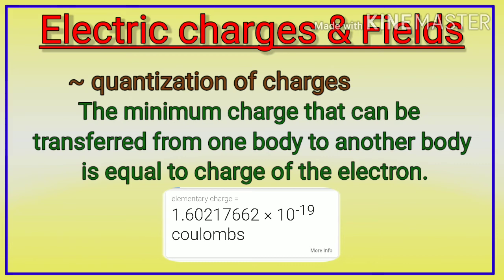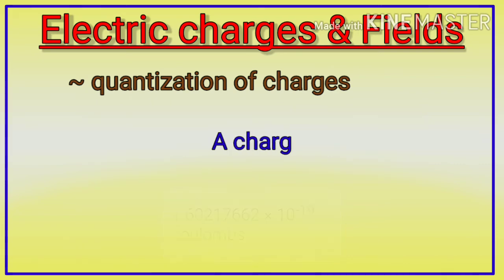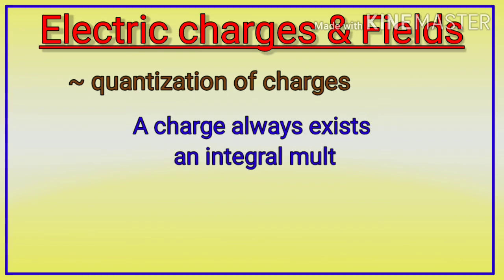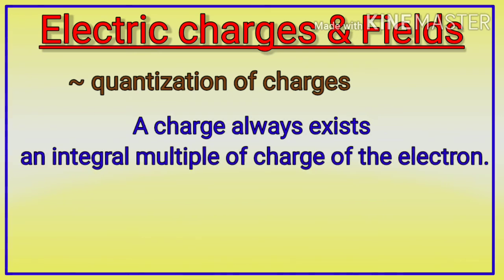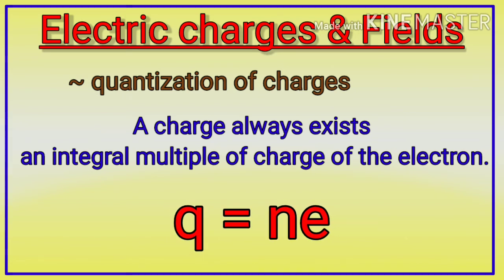That is the definition of quantization of charge. We can write Q = ne. Therefore, the charge is said to be quantized. You can write n = Q/e, and e = Q/n.